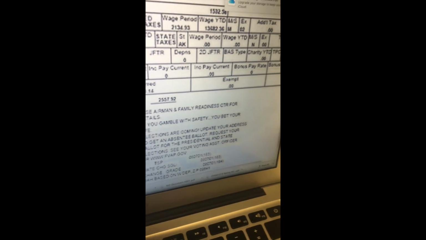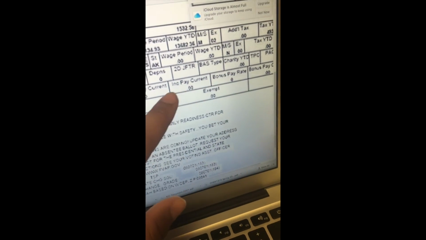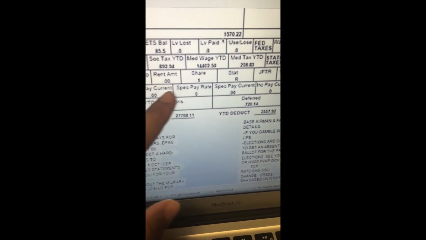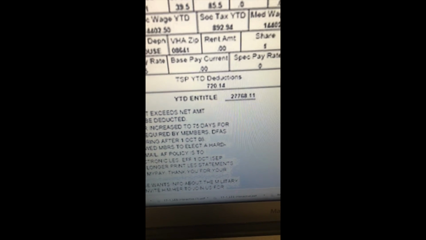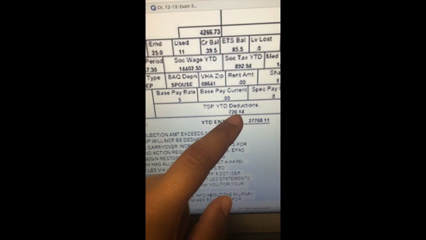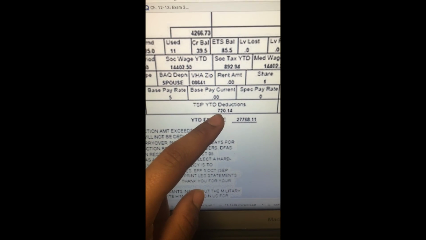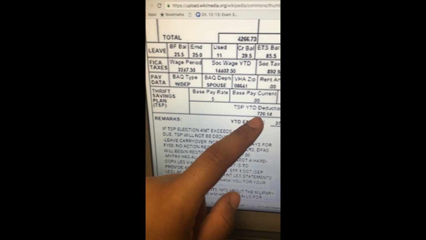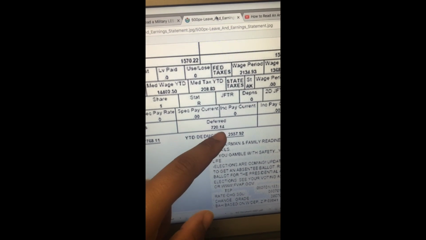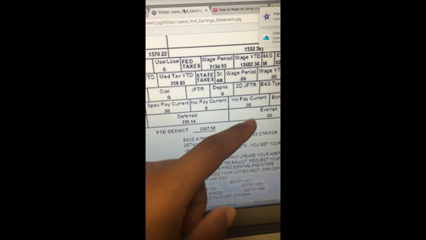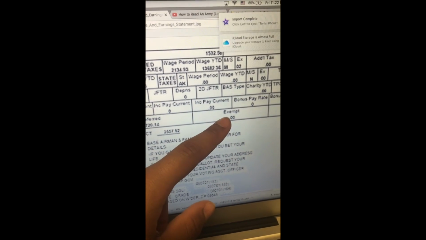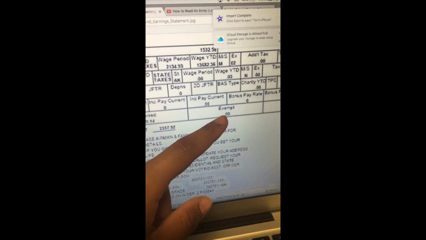And these are just percentages of how much is going to be taken out. So this is the total amount this year that will be put into the Thrift Savings Plan. This is the deferred amount that goes to taxes, and this is the amount that the IRS says you can be exempt from.